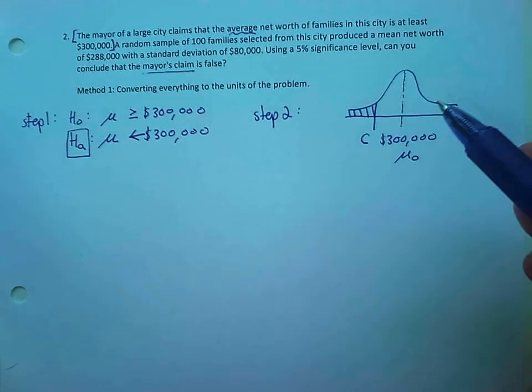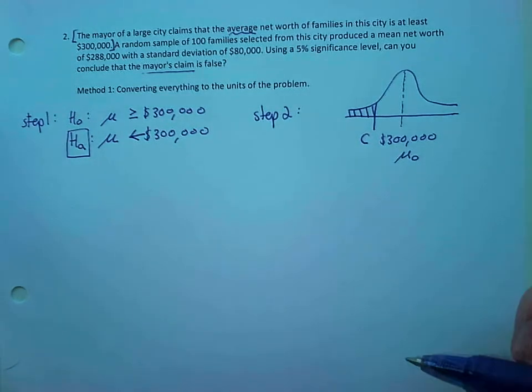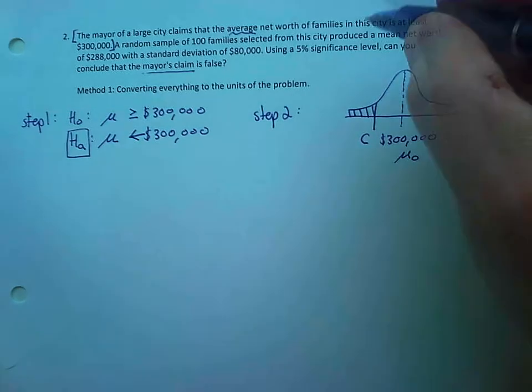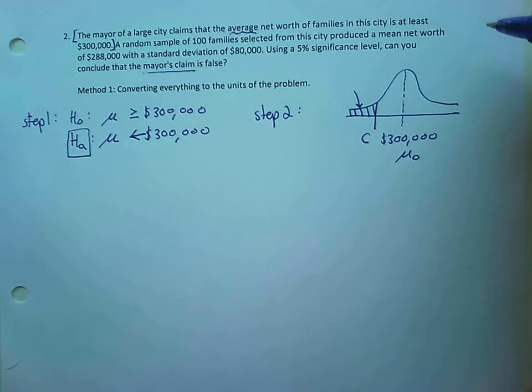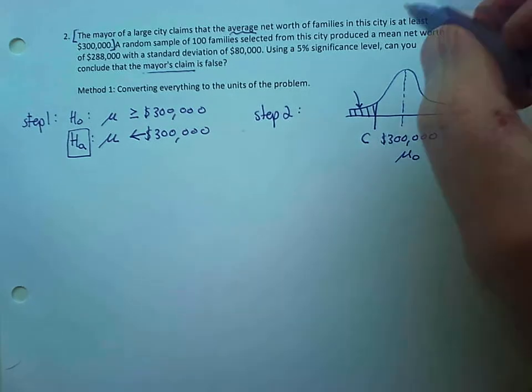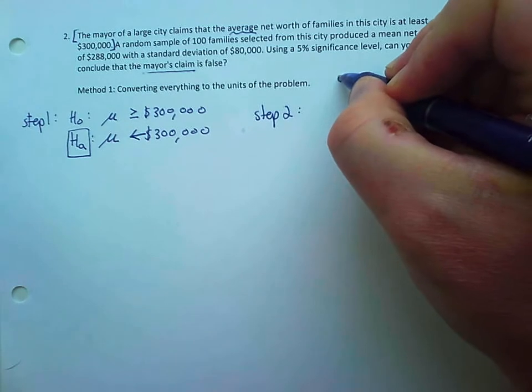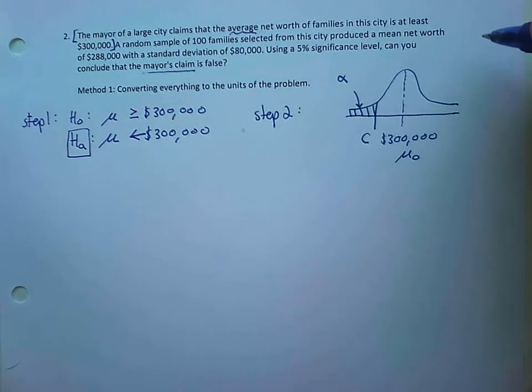Alright, what else can we add to this graph up here? Well, we know that we have just one rejection region, and we put alpha into our rejection regions. So this time, we're going to clump all of alpha into this rejection region. We're no longer splitting alpha up into two rejection regions in this example.